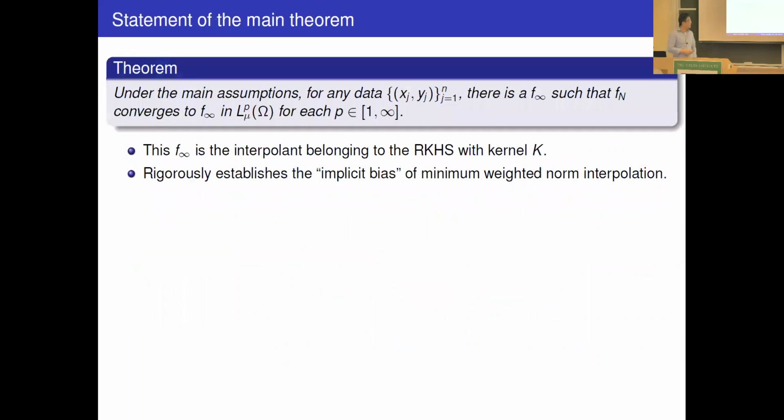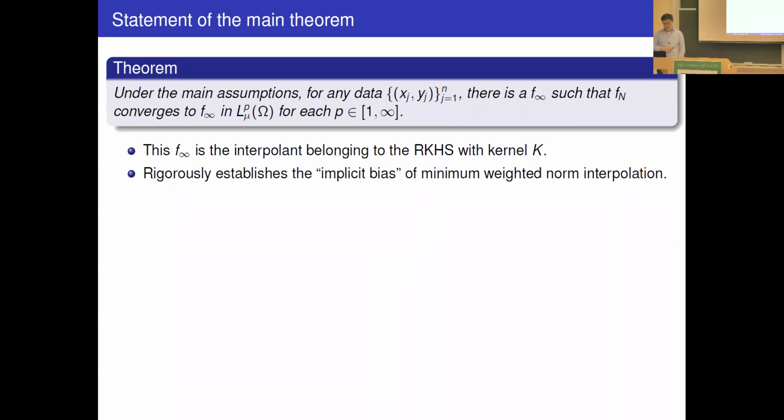And so the main result here is that under these abstract conditions, which will be satisfied for a variety of learning tasks, for any data, there exists a f infinity such that these interpolants with capital N parameters converge to f infinity in L^p of mu for every p between 1 and infinity, including the endpoints.